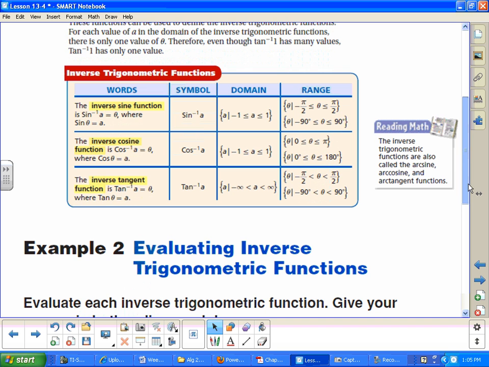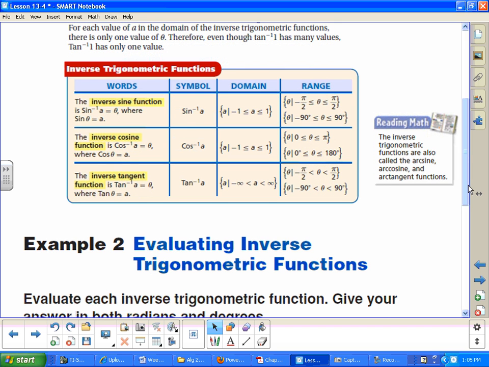So, inverse trig functions. For it to be an inverse trig function, these are capital letters. They use capital S, capital C, capital T. The domain for inverse sine must be between negative 1 and 1.